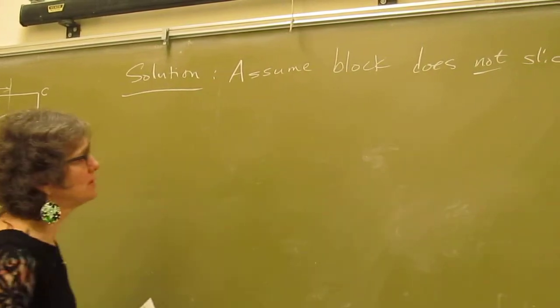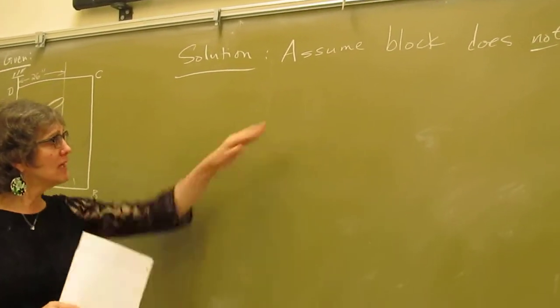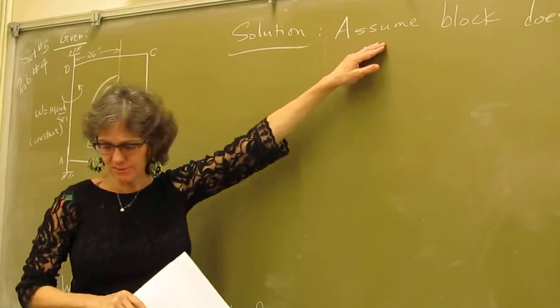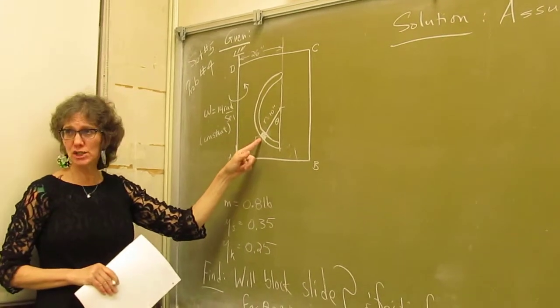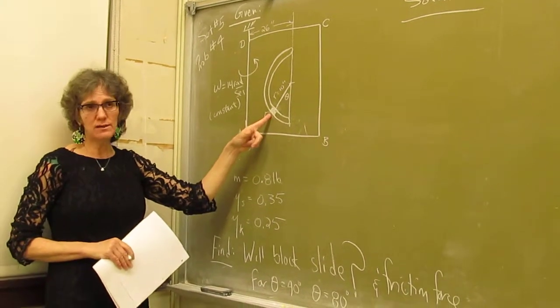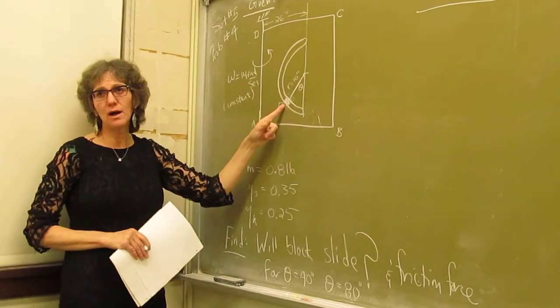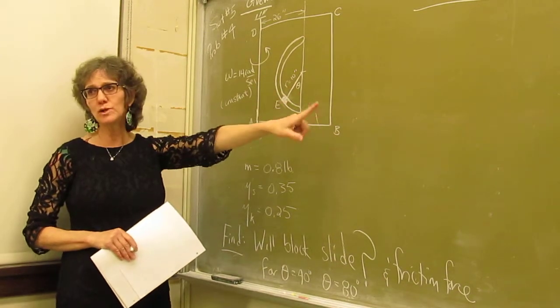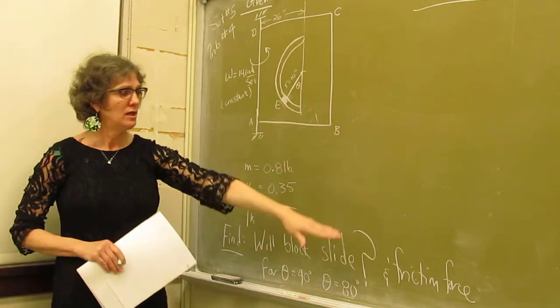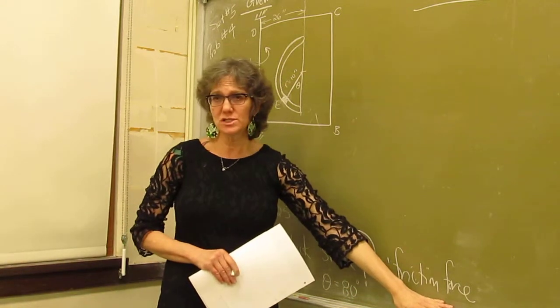So if we assume that the block does not slide, and by the way, if it doesn't slide, then what that means is that we've got static friction acting on it, and we know that there's a limit to how big the value of that static friction can be. So that's what we have to check at the end of the problem. And we are asked to find the frictional force anyway.